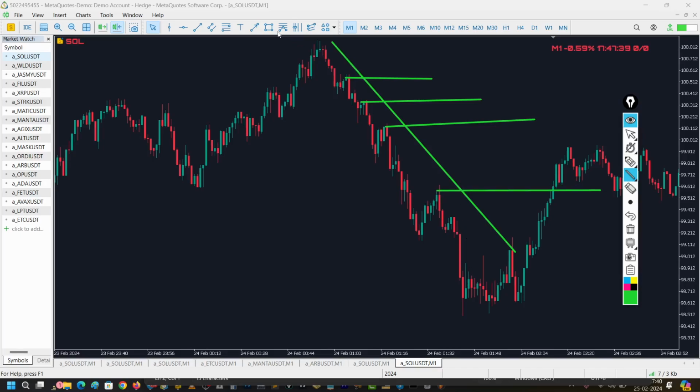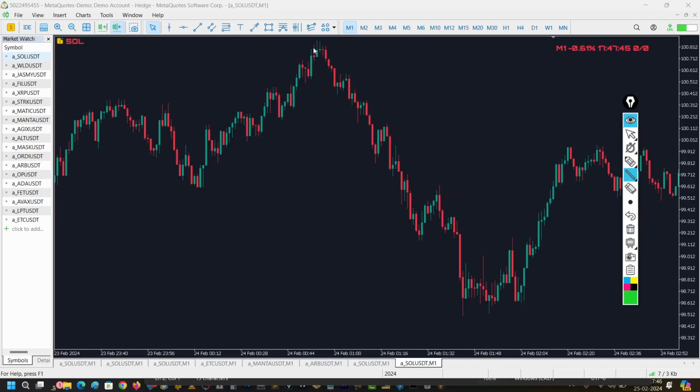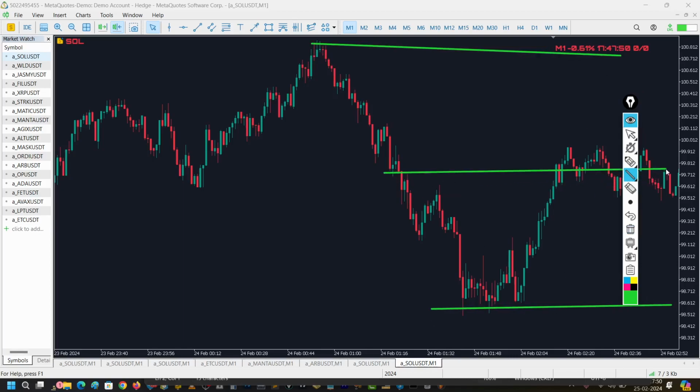In this case, if you are using Fibonacci to sell somewhere, there are two types of zone. If this is the high and this is the low, then this is the 50% area, and above 50% is the discount zone, and this is the premium zone.